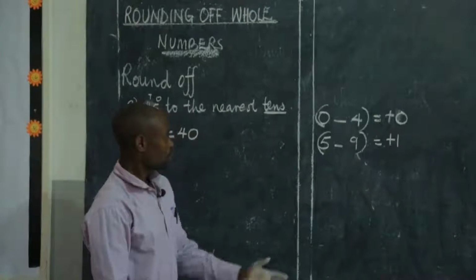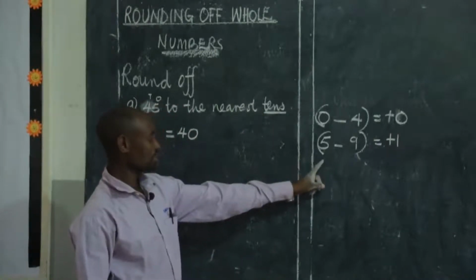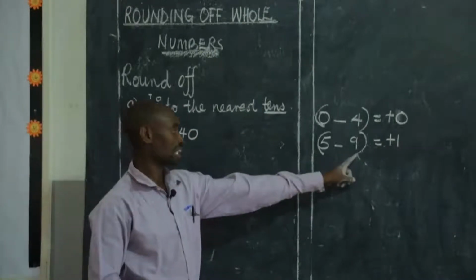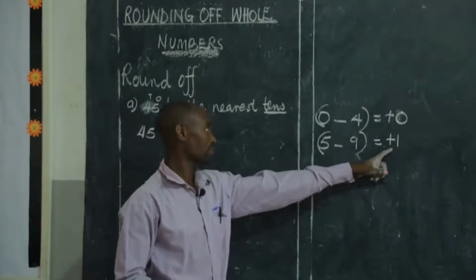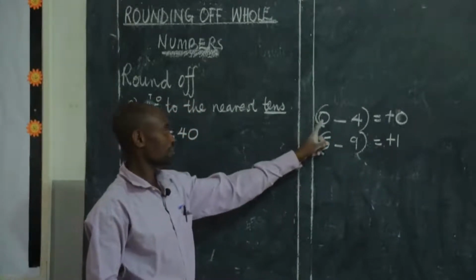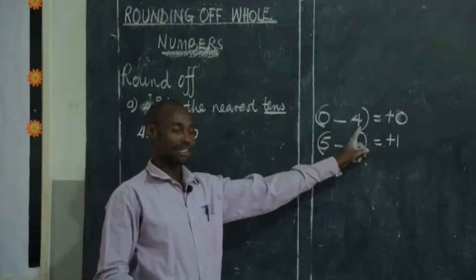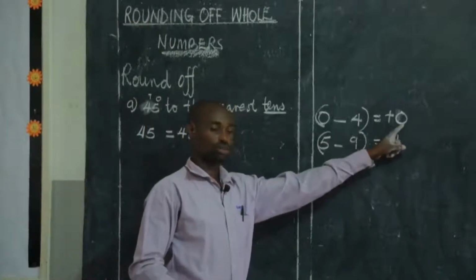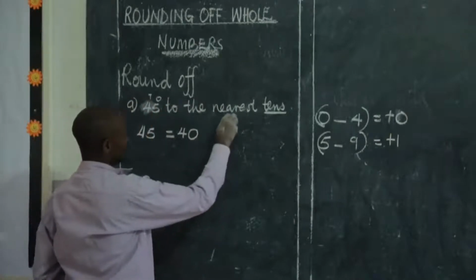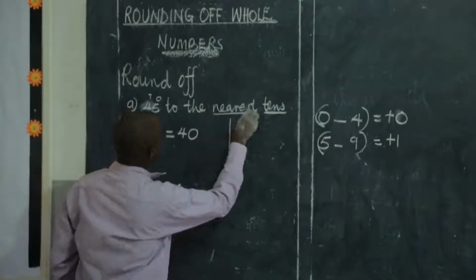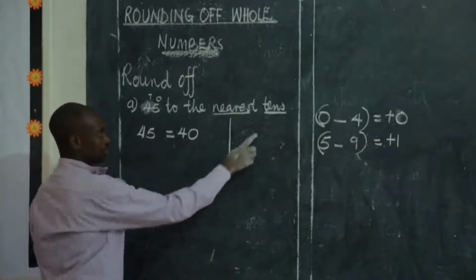Okay? When you have the nearest digit, which is from 5 up to 9, it is going to add 1 to the required place value. But if you have digits from 0 up to 4, they are going to add 0 to the required place value.